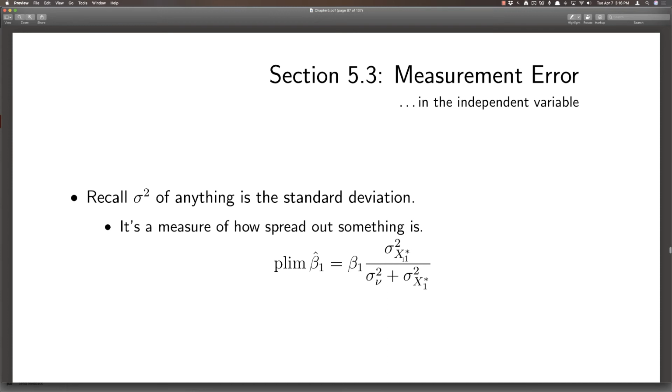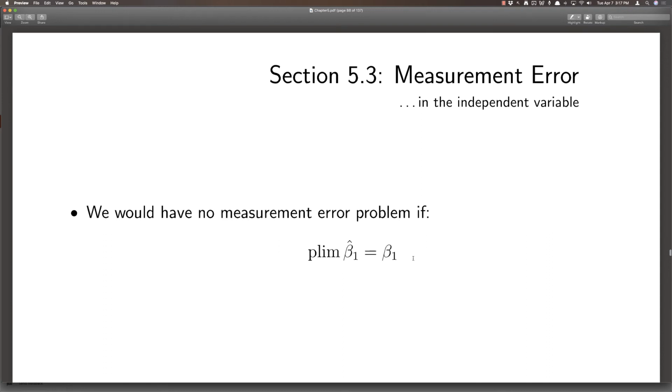So this is how spread out is x1 star. And this is how spread out is the error on the measurement of x1 star, right? Nu is the random error in terms of how well does x1 measure x1 star, all right?